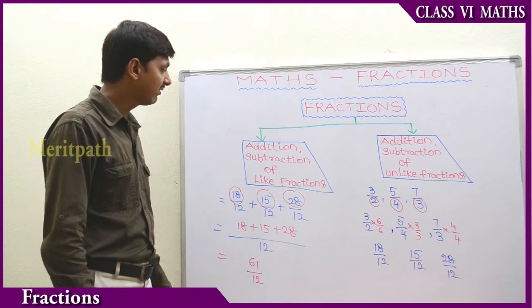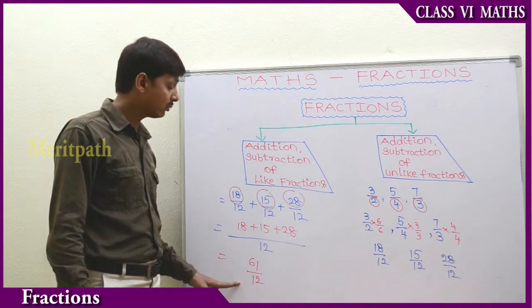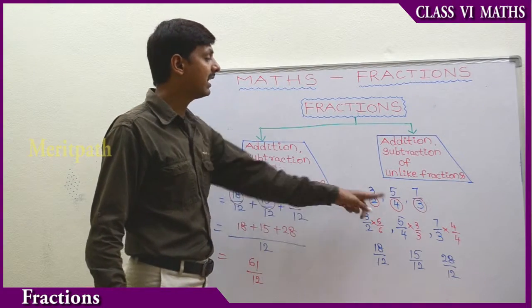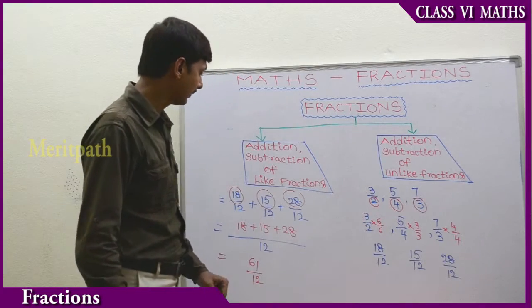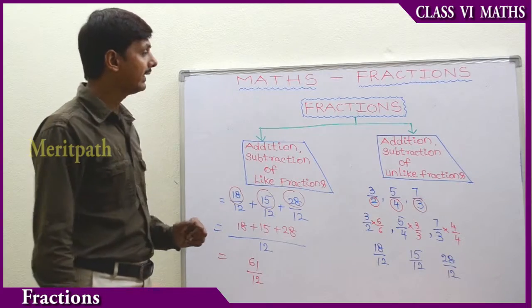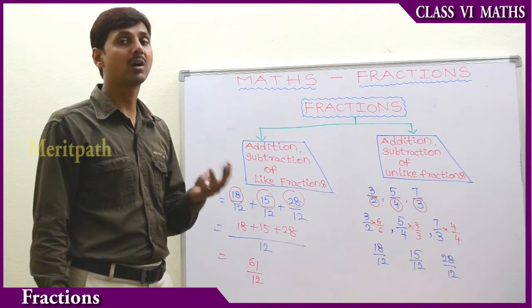Finally we got 61 by 12 after adding the fractions 3 by 2, 5 by 4 and 7 by 3. This is the process of adding more fractions.